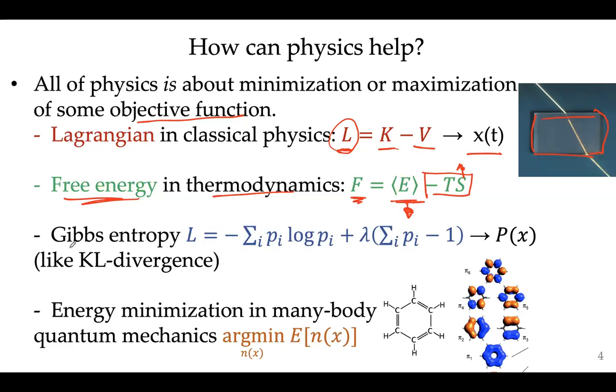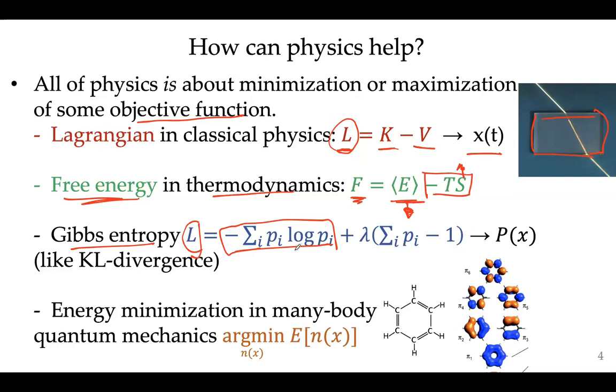Now, what about Gibbs entropy? Again, you can minimize Gibbs entropy. Gibbs entropy is this first term, so again we have some objective function here. This could be for a distribution of a gas in a room. These are the probabilities of the particles being in certain states.